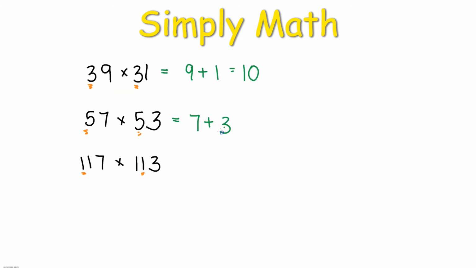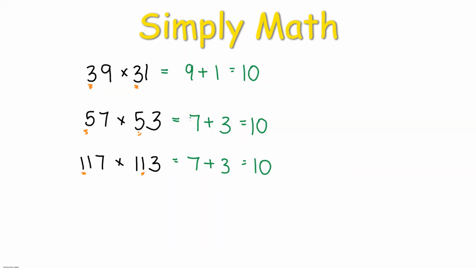So if I add them together, I also get 10. And for the last question, I have 7 in the ones digit and 3 in the ones digit. So again, if I add 7 plus 3, I will get 10. So guys, these are the two conditions that the trick will work in.